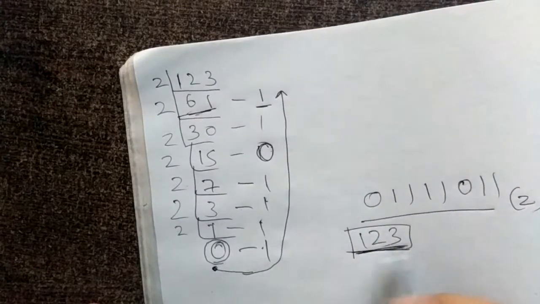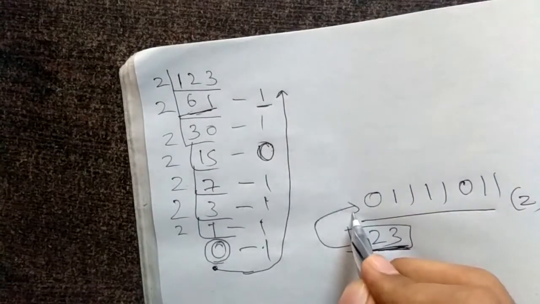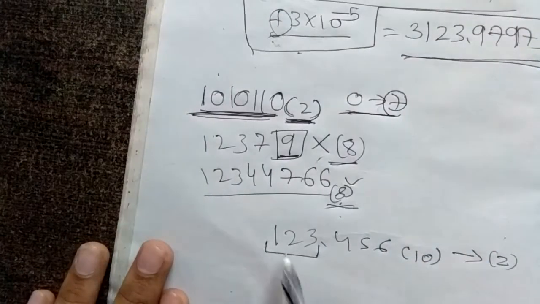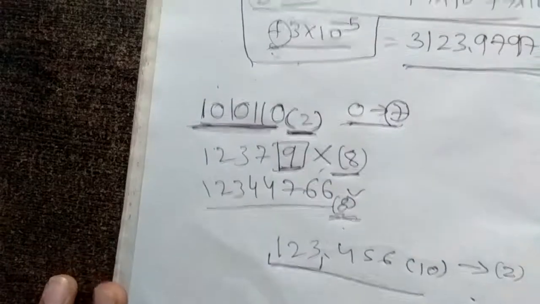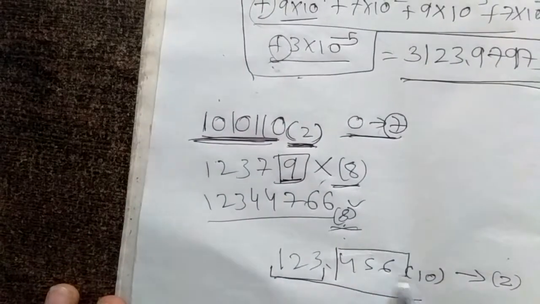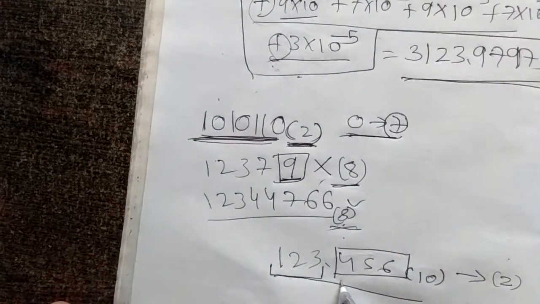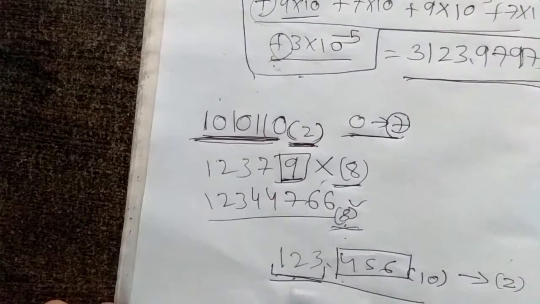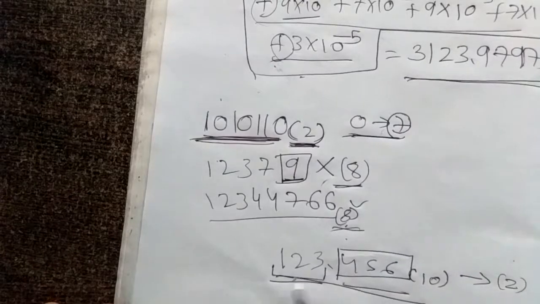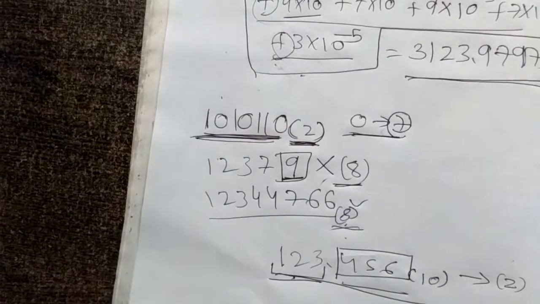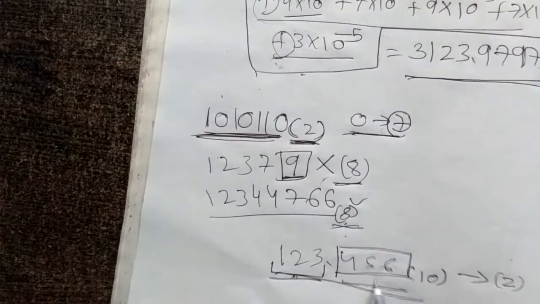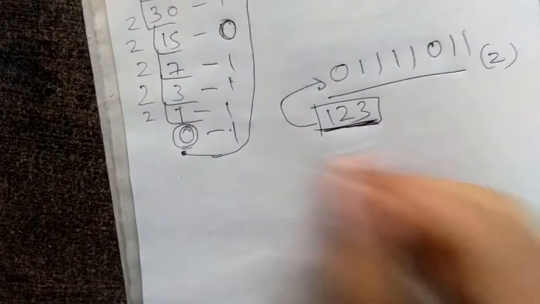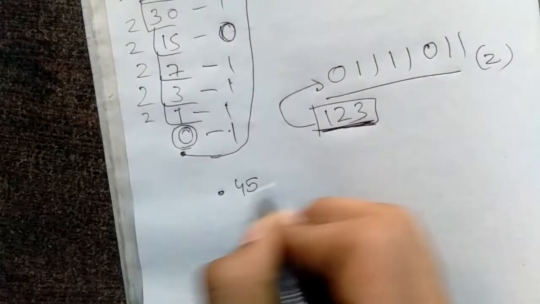But then the integral part is this. We want to get the equivalent of 123.456. For the integral part, as I said, you need to divide by 2, and for the decimal part you need to multiply by 2. So .456 is my number.